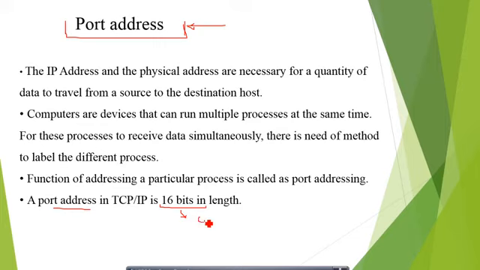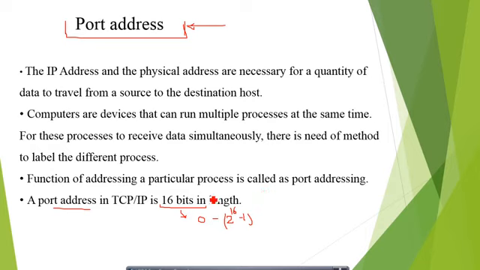As you can see over here, this port number in the TCP/IP model has a length of 16 bits. 16 bits means the range for this port number will be from 0 to 2 to the power 16 minus 1. This will be your range of port numbers.